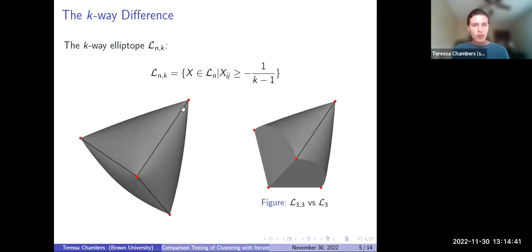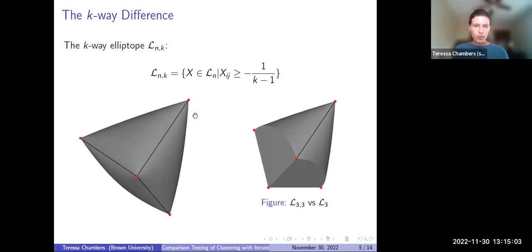So at this stage, I've removed the non-vertex fixed points from the diagram of our main elliptope, because what I'm really interested in is the impact of this slicing on the number of purely attractive fixed points.